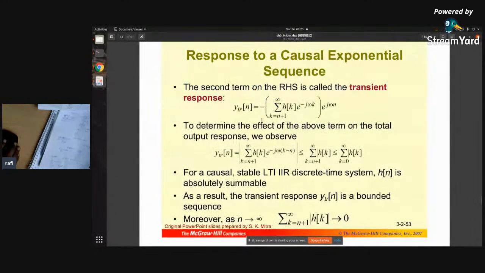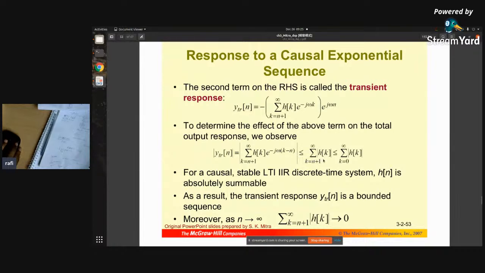For this transient, if you take the magnitude of the transient response for all n at various values of n, we know this term is less than 1. By the Schwarz inequality, this complex exponential magnitude is anyway 1, so you can replace it with 1 and put a less than or equal to here.